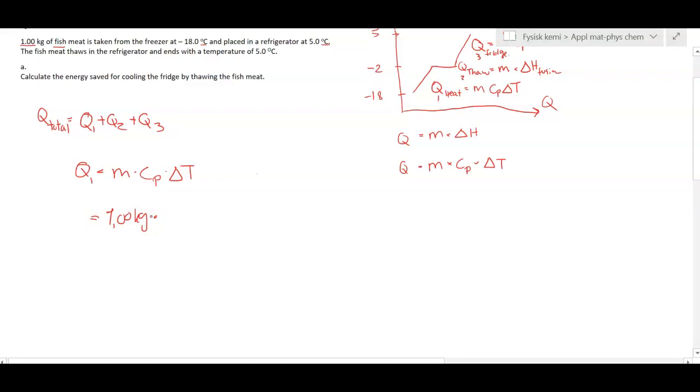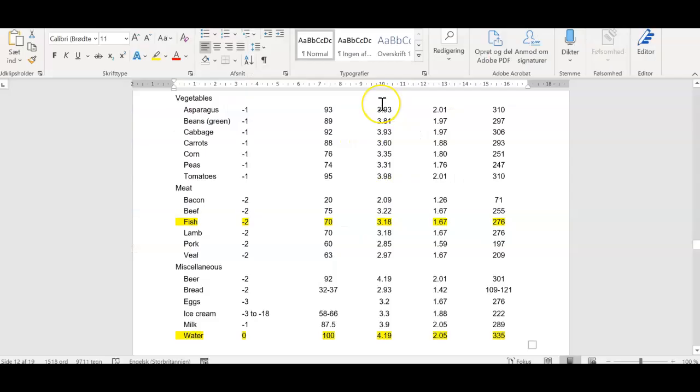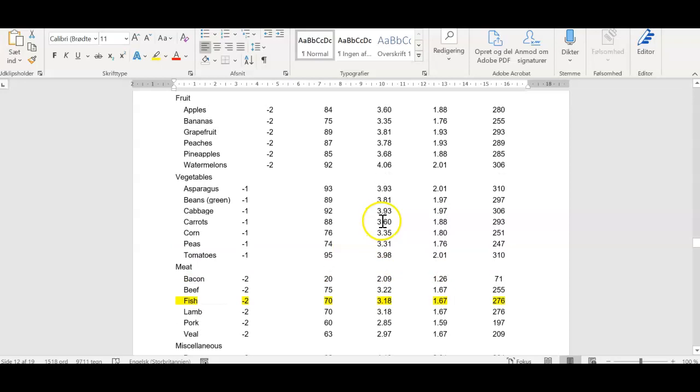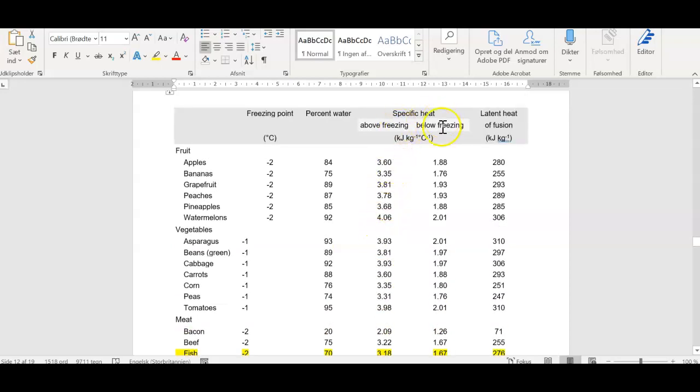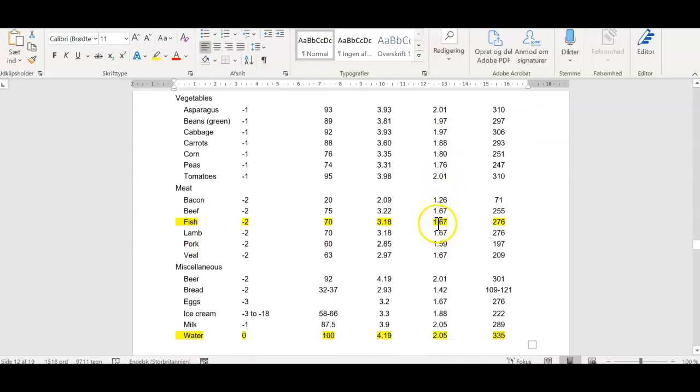The heat capacity below 0, or not below 0, but below its freezing point. So if we go to the table here, look for fish, and we look for the specific heat capacity, then below freezing, that is this column, then it is 1.67.